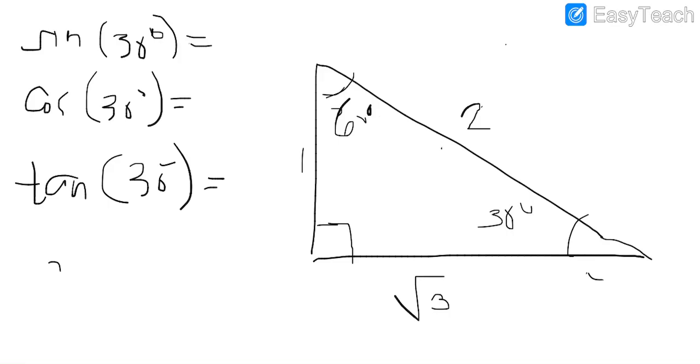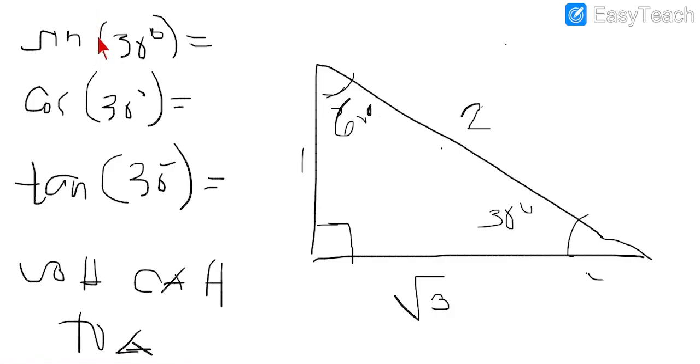Don't forget SOH, CAH, and TOA. Alright? So let's start with the sine of 30 degrees. Here is our angle, that's 30 degrees. So the sine of 30 degrees is equal to the opposite side, 1, divided by the hypotenuse, 2.